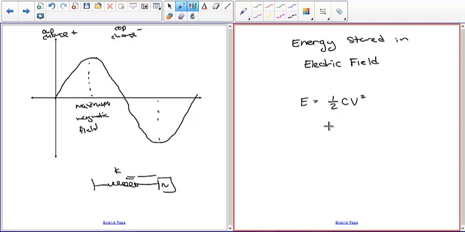It looks very similar to the energy in a spring, which is equal to 1/2 kx squared. So the analogous properties for springs and capacitors are the capacitance and the spring constant. The thing we're displacing in the spring is actual physical displacement, while here we're talking about voltage, which is potential energy per unit charge. So that's the energy stored in an electric field.